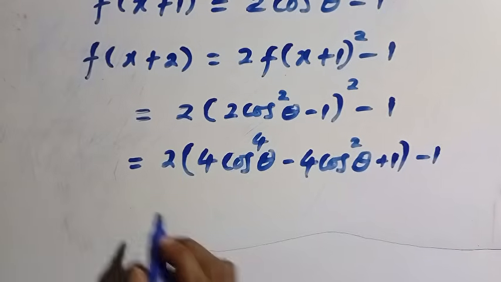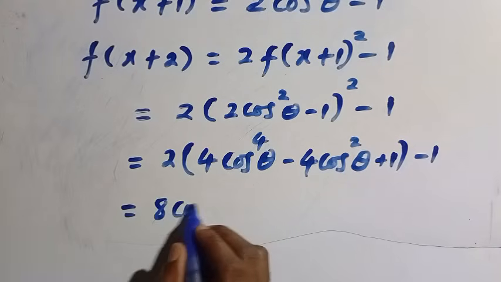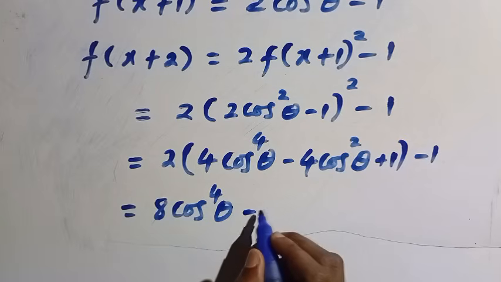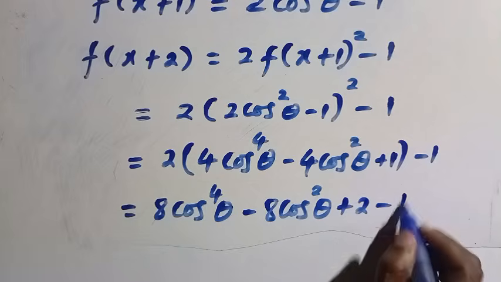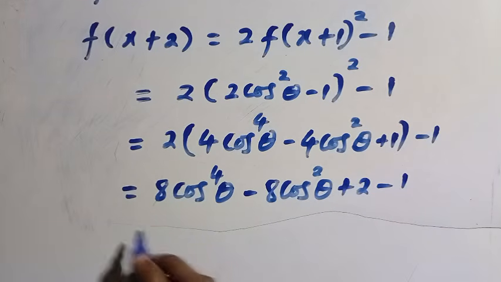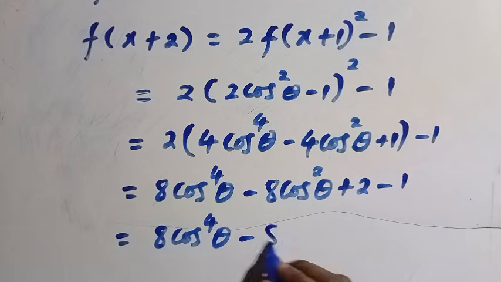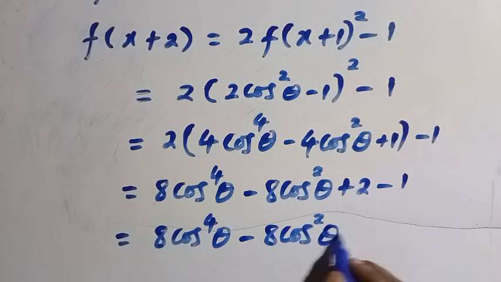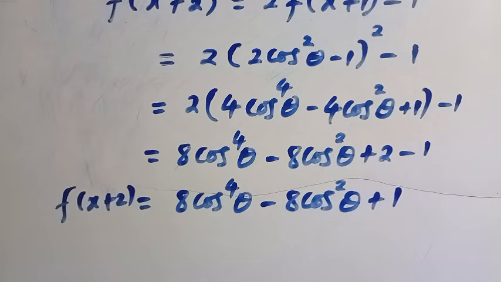When we solve further, we have 2 multiplied by 4, that is 8cos⁴θ - 8cos²θ + 2 - 1. This equals 8cos⁴θ - 8cos²θ + 1. This is the result of f(x+2), and don't forget, we are trying to get some particular patterns so we can get the general function.